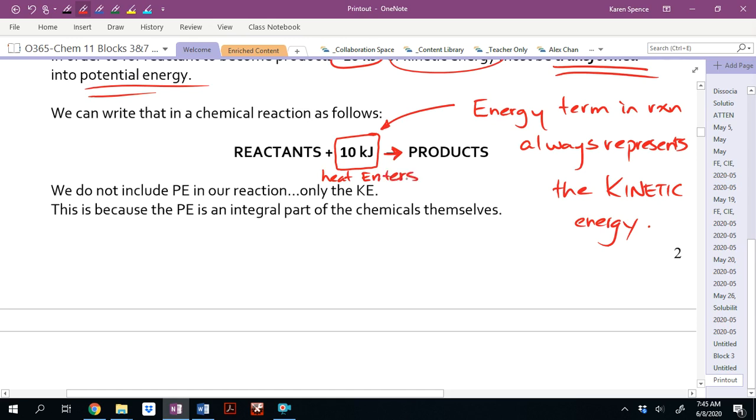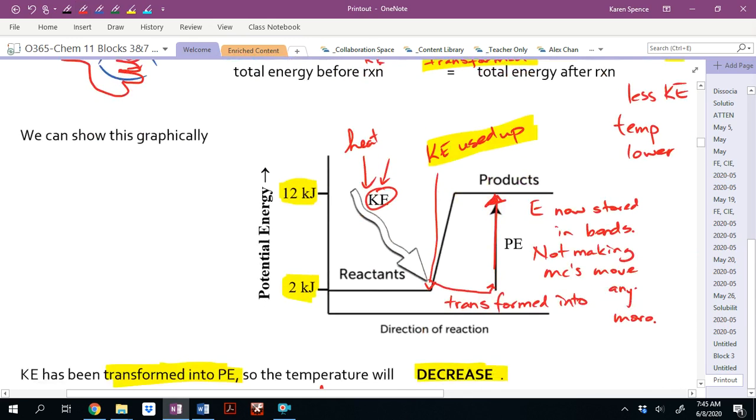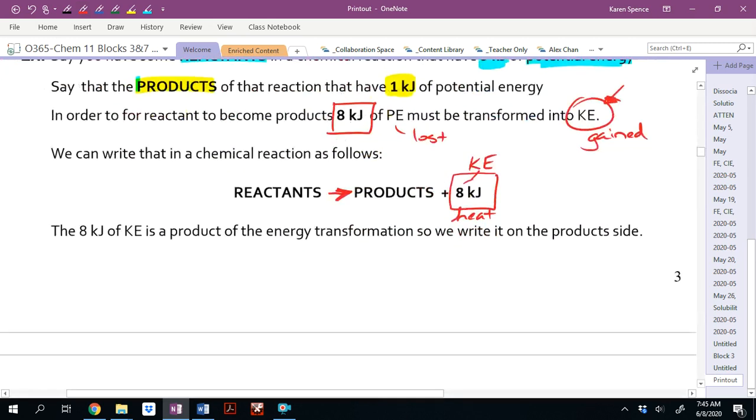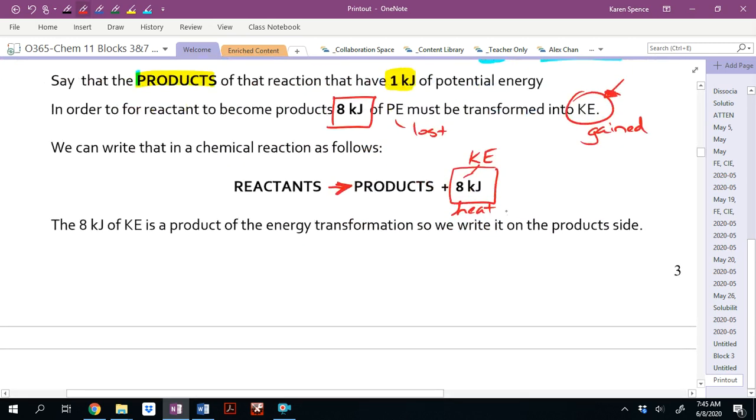So here the heat enters, and here the heat exits the system. The system is like our reaction, whatever liquid or solid we have. That is what the heat is exiting. It comes out and transfers maybe to your hand or to the air, and makes your hand or the air hotter.